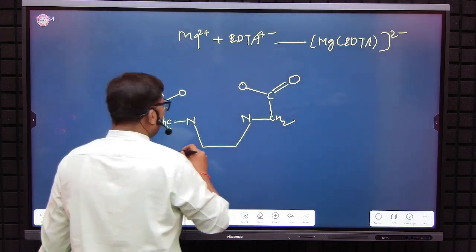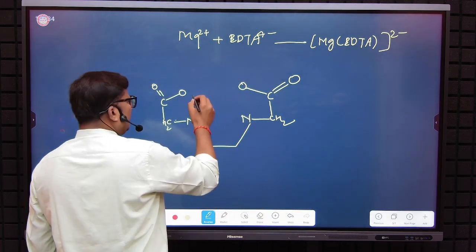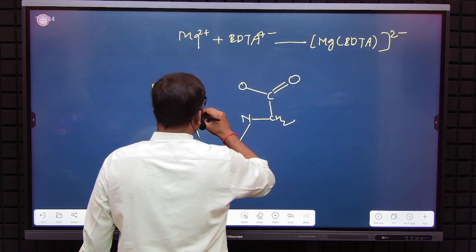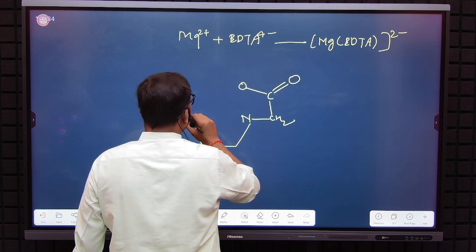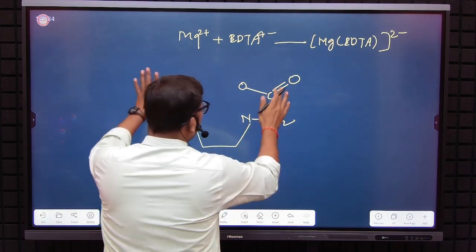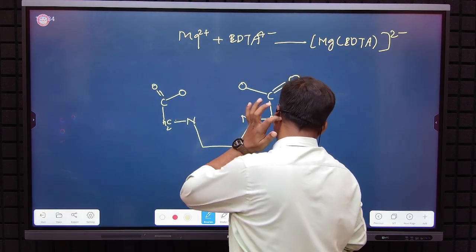Here this nitrogen also contains a similar type of group.